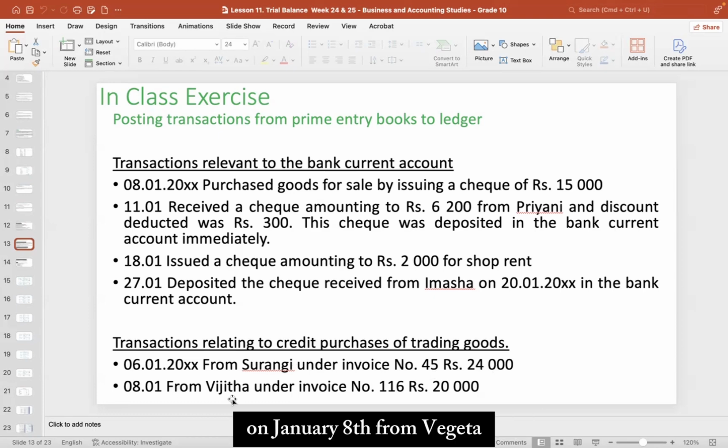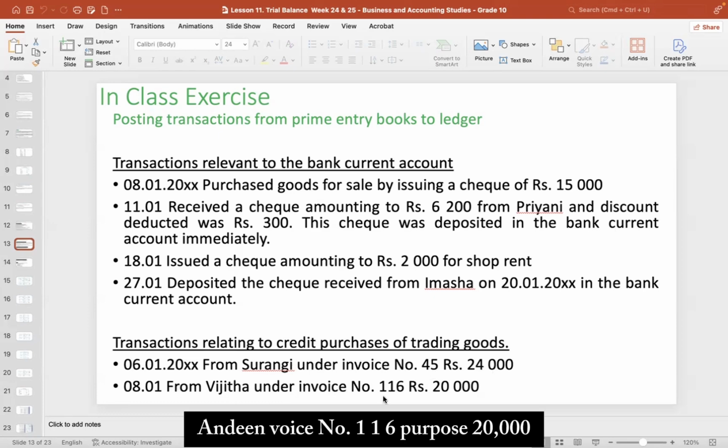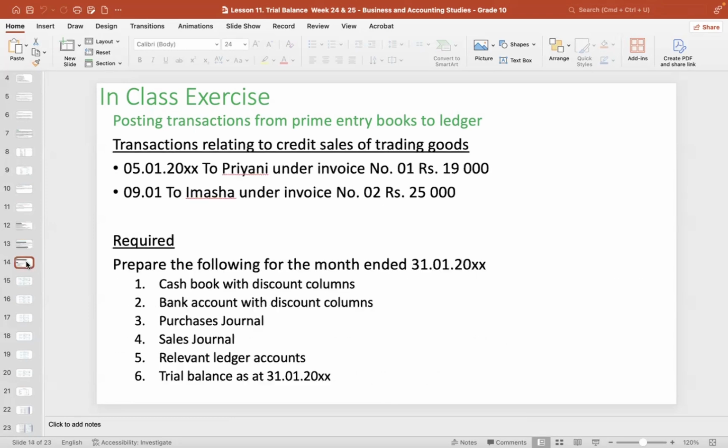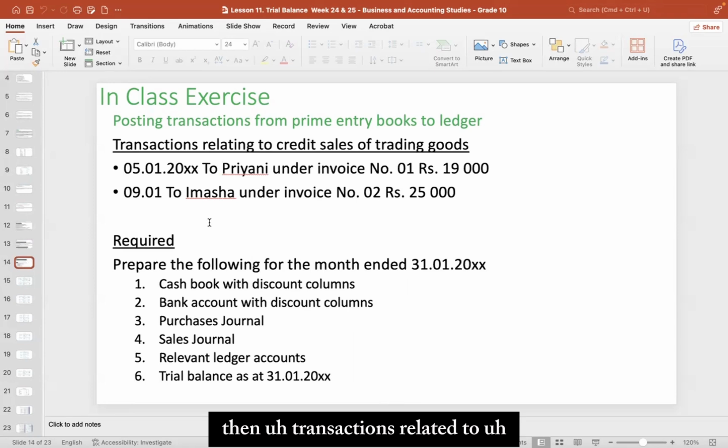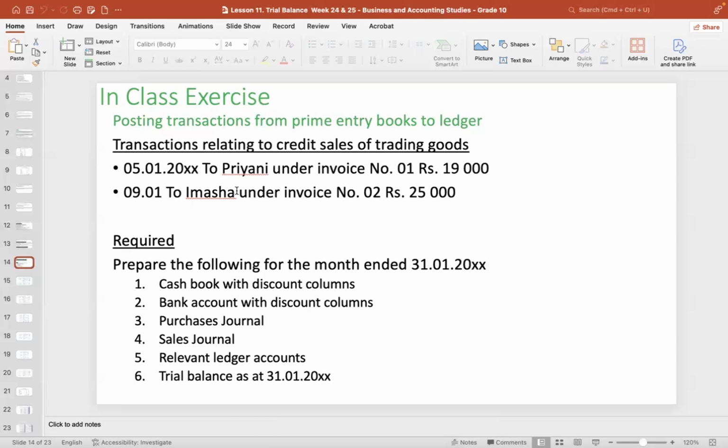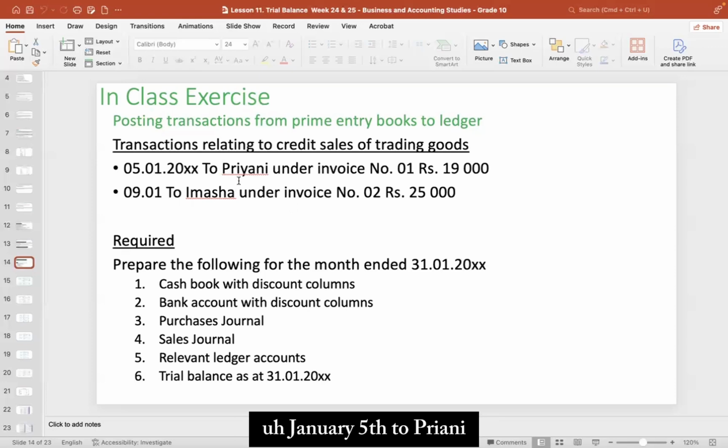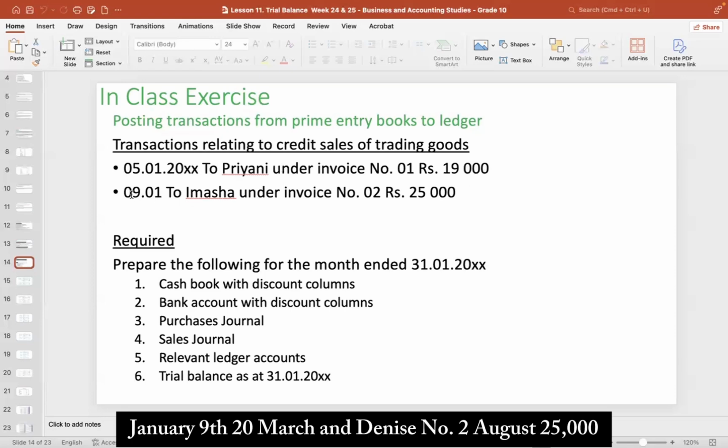On January 8th, from Vijita under invoice number 116, rupees 20,000. Then transactions related to credit sales of trading goods. January 5th, to Priyani under invoice number 1, rupees 19,000. January 9th, to Imasha under invoice number 2, rupees 25,000.